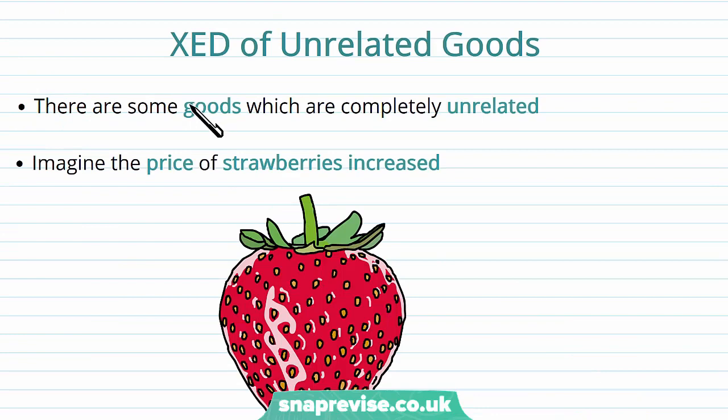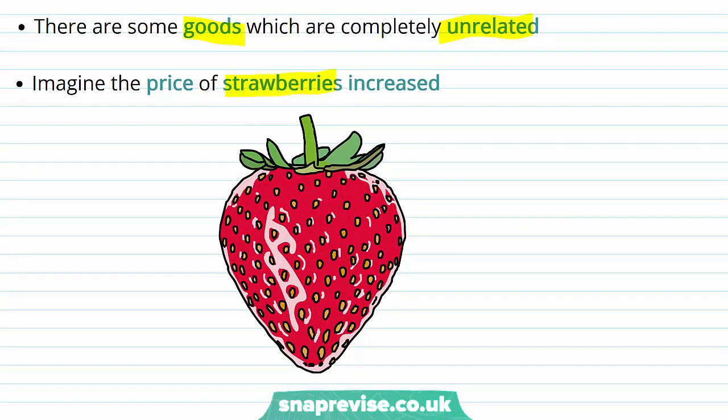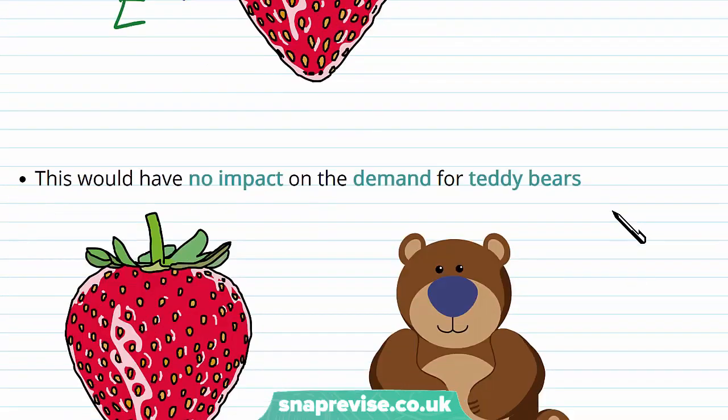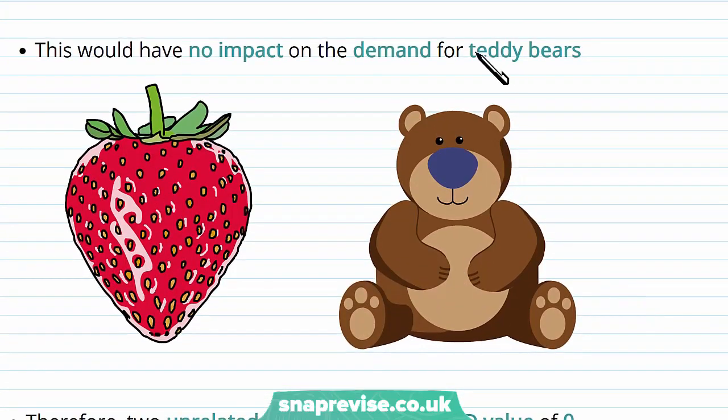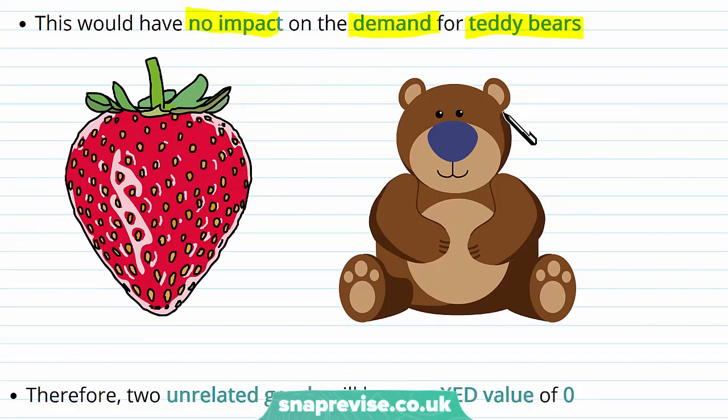So what about goods that are completely unrelated? Let's imagine strawberries. The price of strawberries has increased dramatically, again, because of some movement in the market. And let's say that we're thinking about teddy bears here and thinking about how the price of strawberries affects teddy bears. In reality, we know that there is no link between teddy bears and strawberries, so there's no impact on the demand for teddy bears.